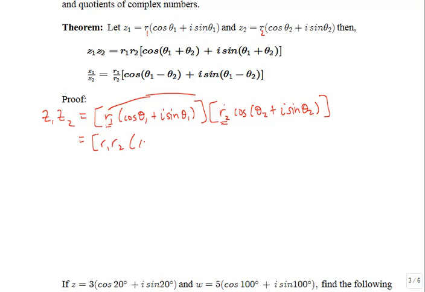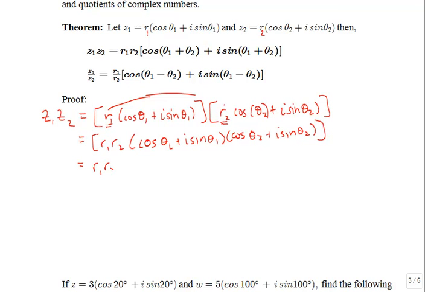And then we need to multiply our cosine theta 1 plus I sine theta 1 times our cosine theta 2 plus I sine theta 2. We're going to do that by just distributing.